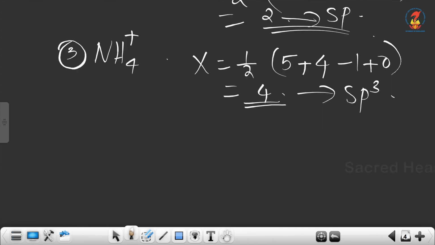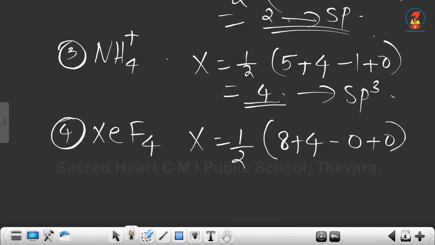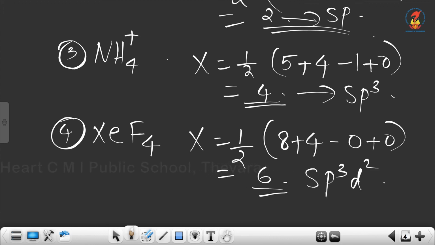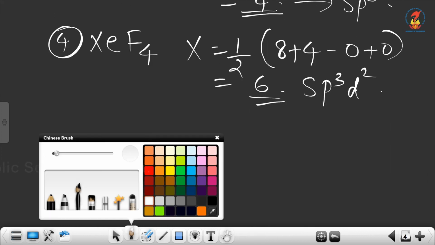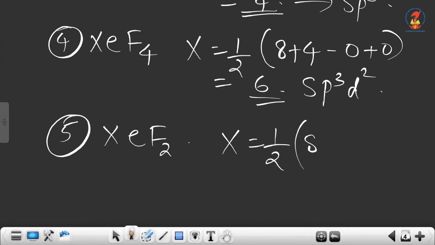Now next example is XeF4, xenon tetrafluoride. X is equal to half into 8 plus 4 fluorine atoms, so 4, minus 0 plus 0, so 6, which means the hybridization is sp3d2. Next, let's see XeF2. X is equal to half into 8 plus 2 minus 0 plus 0, which is equal to 5.